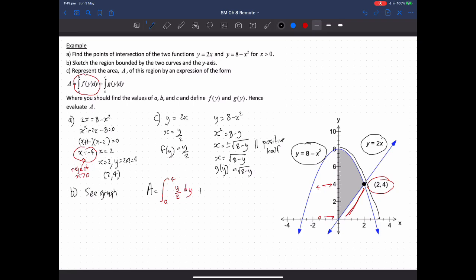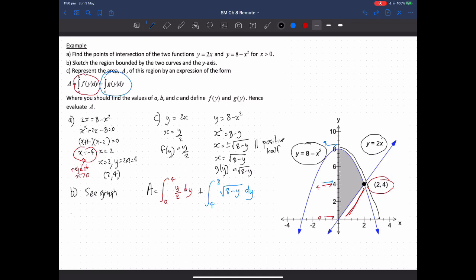Plus, now I have to look at my second integral, which I've circled in blue. This is the curved part. This is going from the 4 all the way up to the 8. So it is the integral from 4 to 8 of the square root of 8 minus y dy.